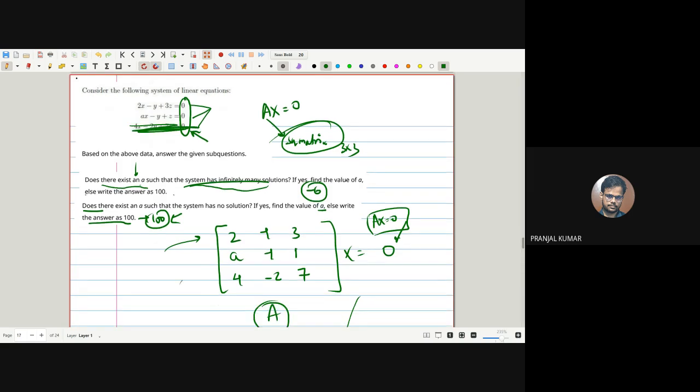Then you would have to follow this methodology. If it is a 3 cross 3 matrix with the determinant given, then very good, that is a much shorter way to do it. But if this equation was not given, they could still have asked you this question, and then you would have to follow this methodology. Clear? So I hope you are getting both points. Good that you pointed out.